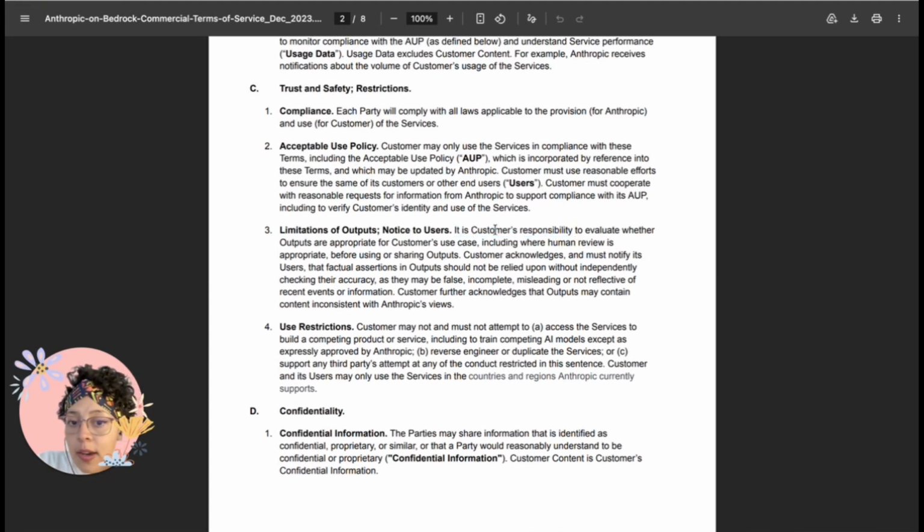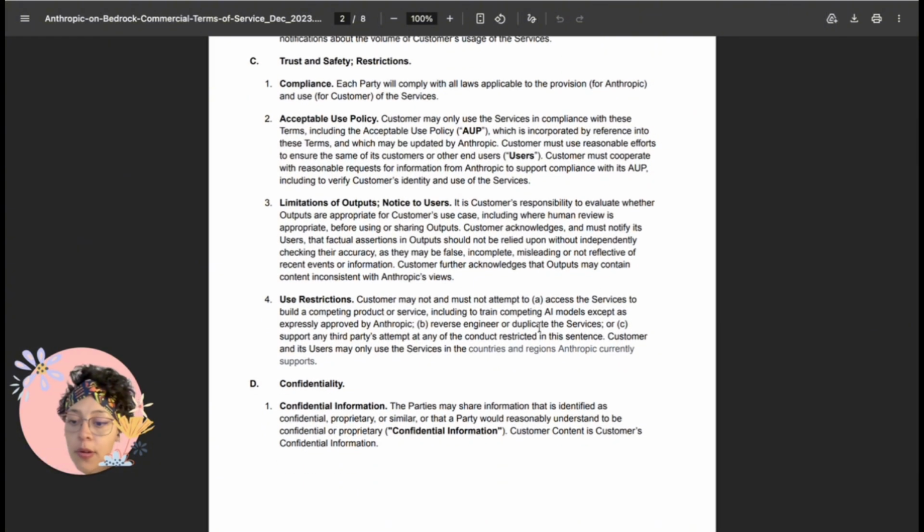Note that customer in this sense is you, because you are the customer of Anthropic and you are also developing an AI system to provide to your customers. But in this case, it is your responsibility to evaluate if the outputs are appropriate or are performing as expected.